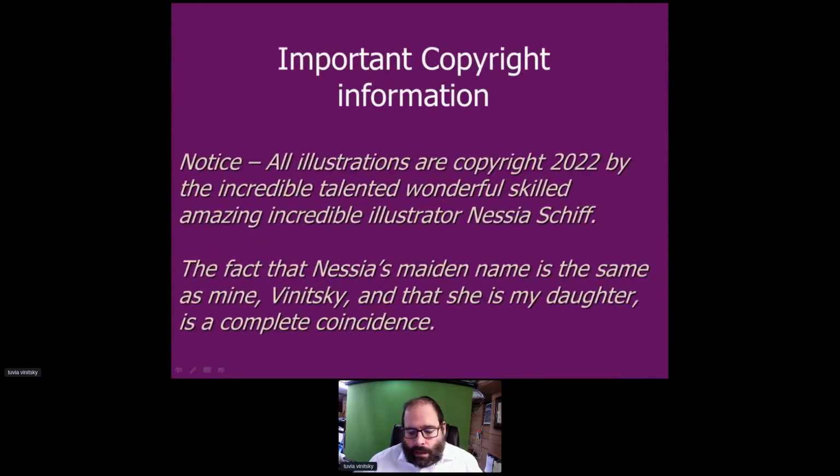Now, it is important to mention the following copyright information. Copyrights are serious, and all illustrations in my presentation today are copyright 2022 by the incredible, talented, wonderful, skilled, amazing illustrator, Nessie Schiff. Now, I have to tell you that she is probably the most effective and imaginative and brilliant illustrator basically in the world.